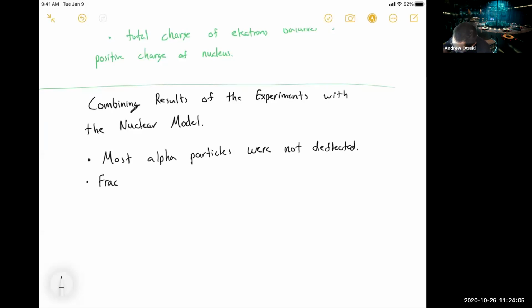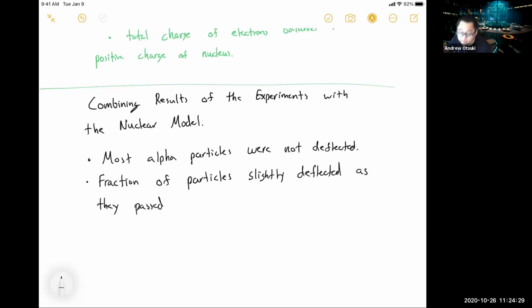So a fraction of particles were slightly deflected as they pass close to the nucleus. This is important because it tells you that the nucleus is positively charged.